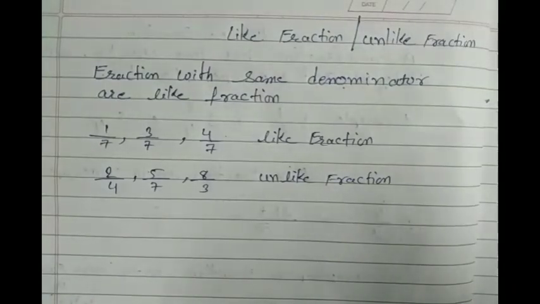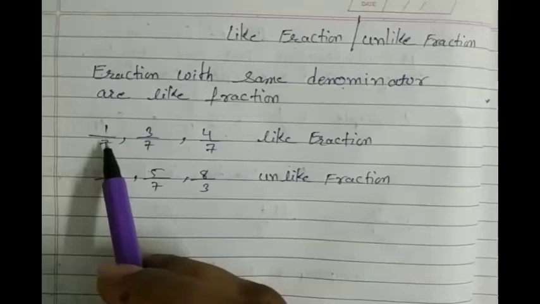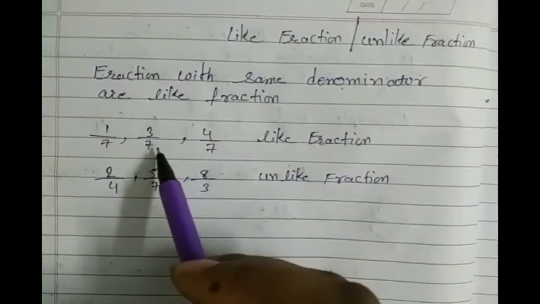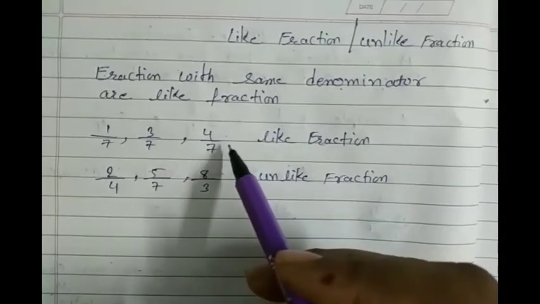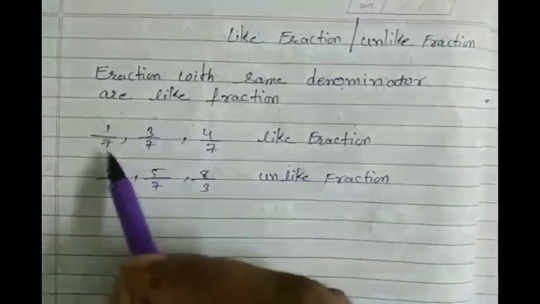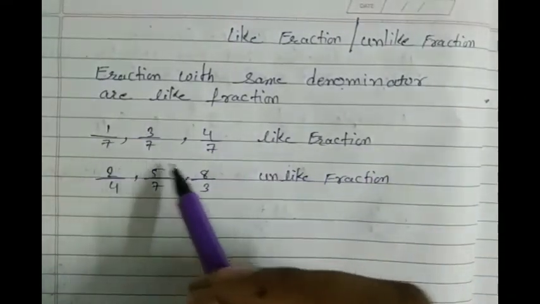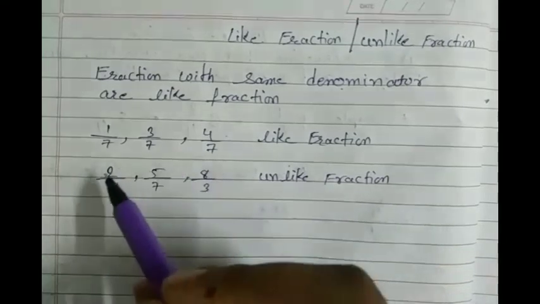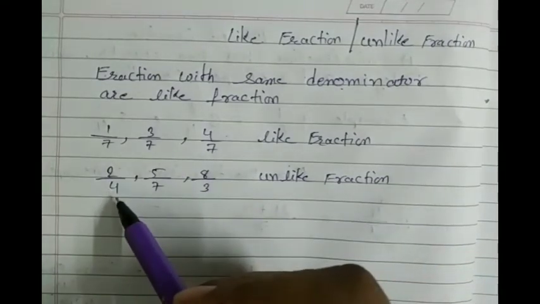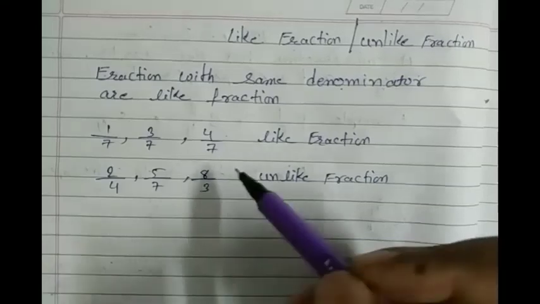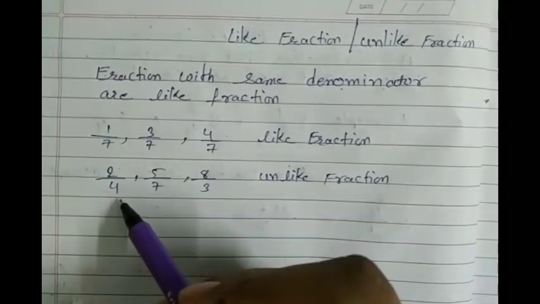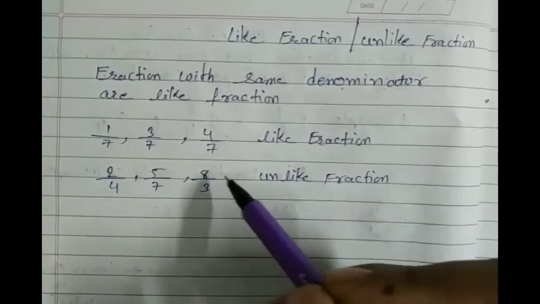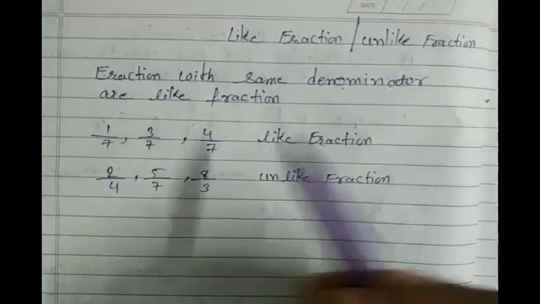See the example of like fractions: 1 upon 7, 3 upon 7, 4 upon 7. In all the fractions, the denominator is the same, so they all are like fractions. Second example, 2 upon 4, 5 upon 7, 8 upon 3. The denominators are different, so they all are unlike fractions.